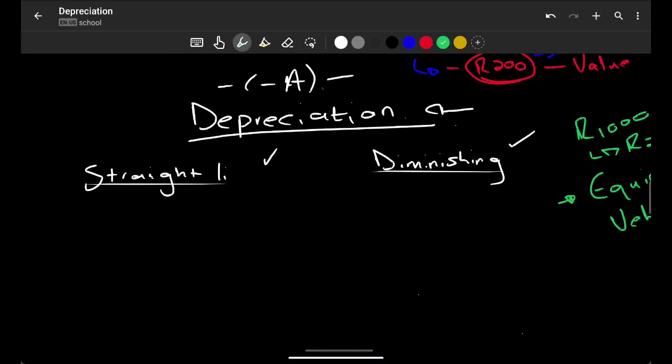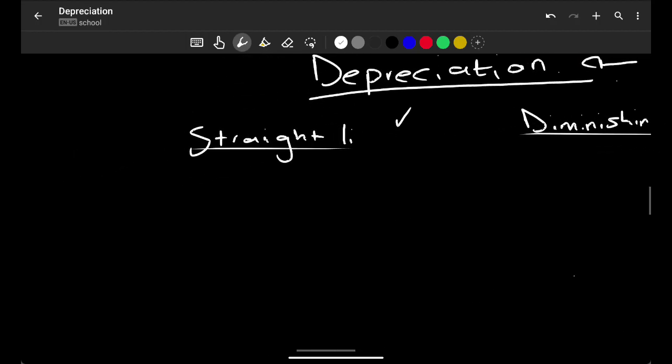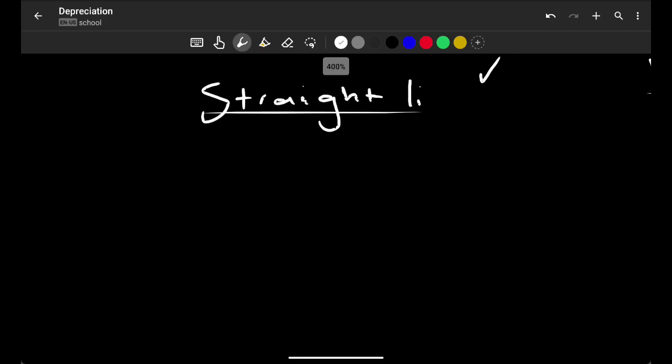So now, understanding what depreciation is, how do we calculate it? We have two ways of calculating depreciation, and please read your questions when you answer them, because you'll see now what the difference is. Straight line method is, as I said, every year it's depreciated by the same amount.